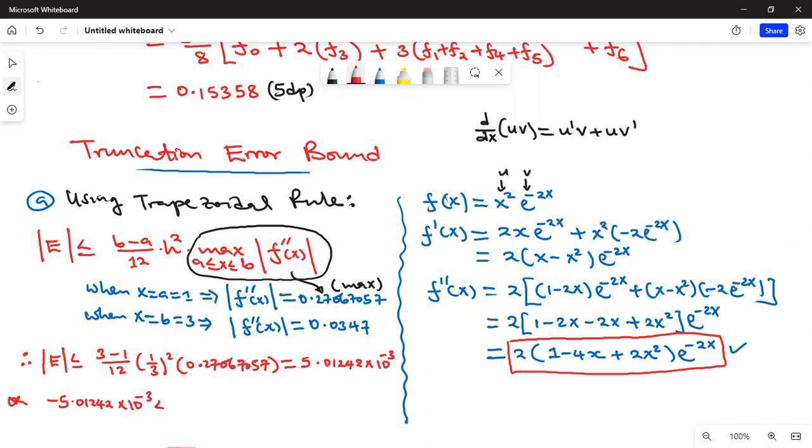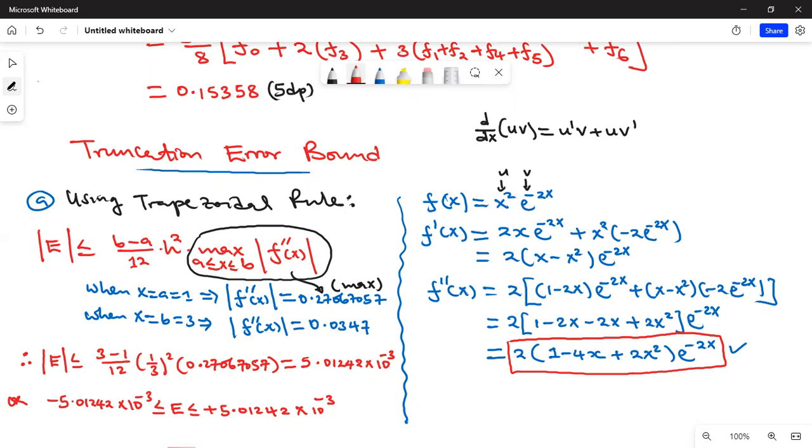This should be less or equal to our error, less or equal to positive 5.01242 times 10 raised to negative 3. So negative, positive, because error can be negative or positive, but it should be a value between those limits. That's what I mean by the truncation error bound when using trapezoidal rule.